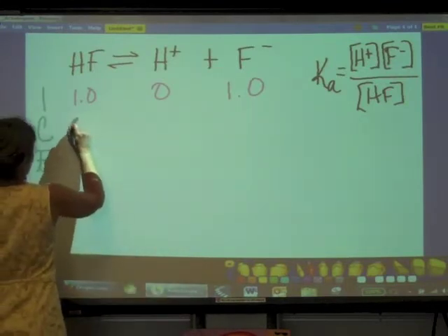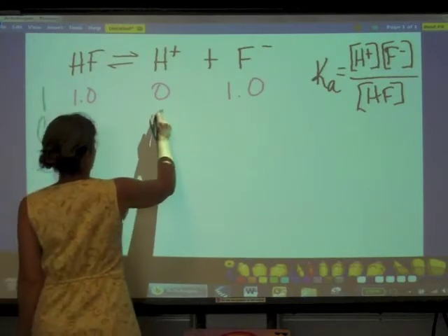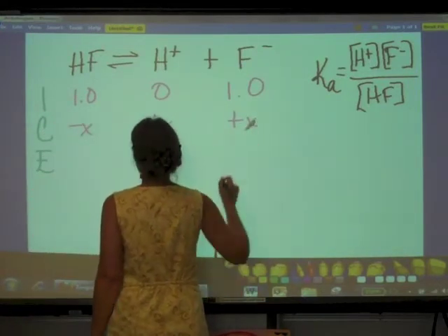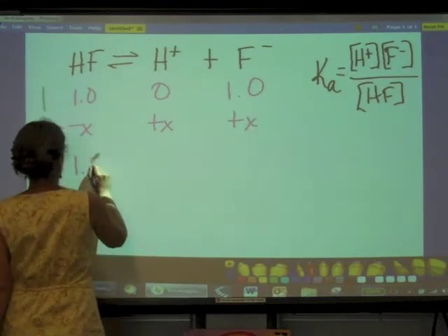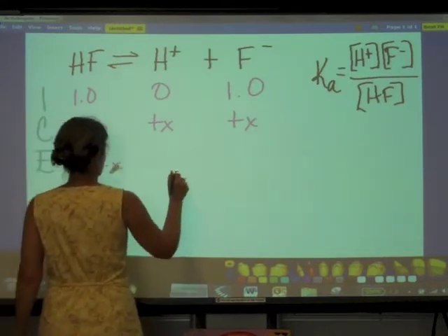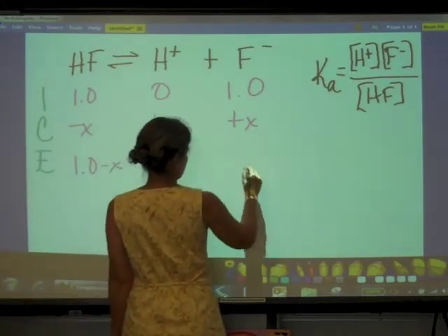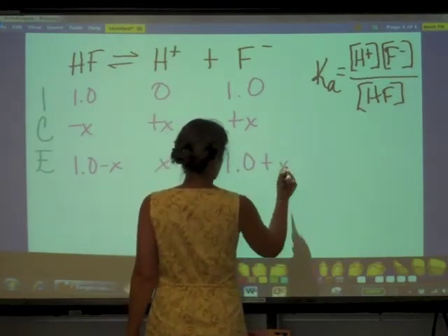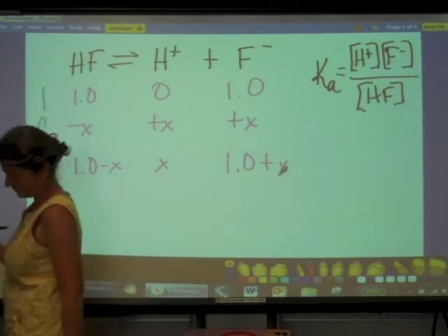We're going to lose, we're going to gain, we're going to gain. So we're going to have 1.0 minus x, x, and 1.0 plus x.